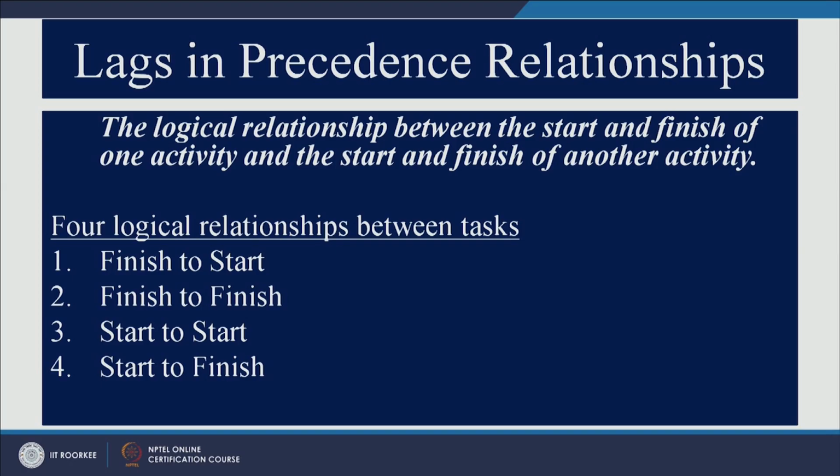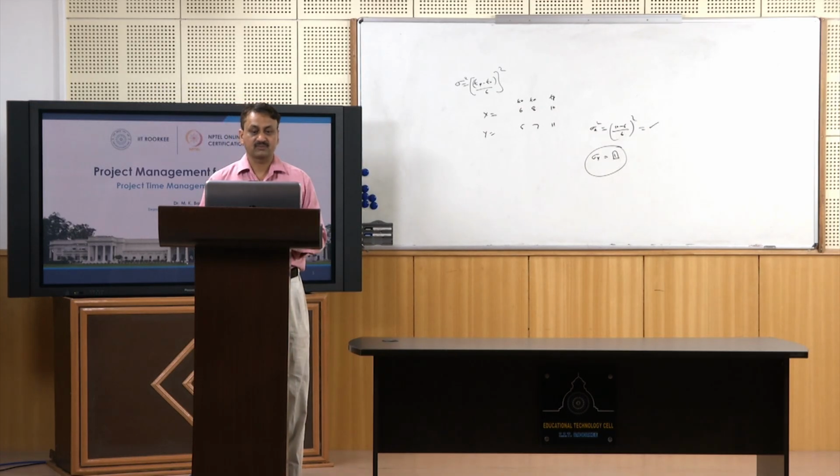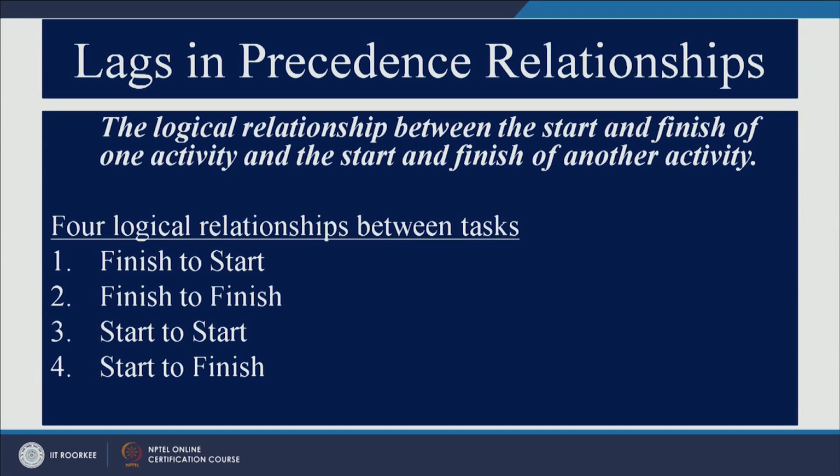So, we will see what is that relationship. There are 4 types of relationships possible. The first one is finish to start, second is finish to finish, third is start to start, and fourth is start to finish.